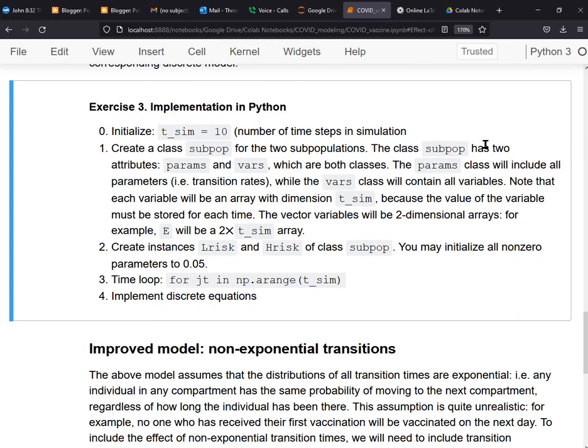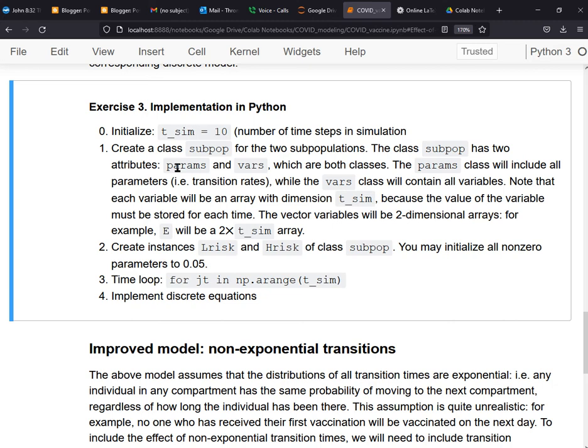This class subpop has 2 attributes, params and vars. Why do we need params and vars? Because the equations have parameters, like the gamma, the delta, and so on, and they have variables, which are the s, r, v, and so on.